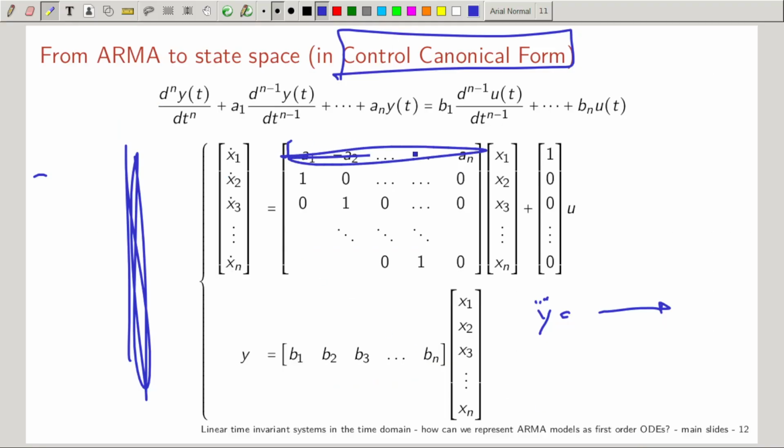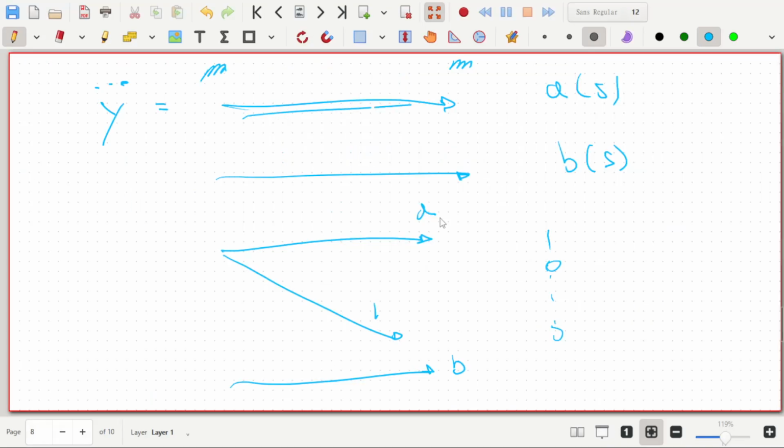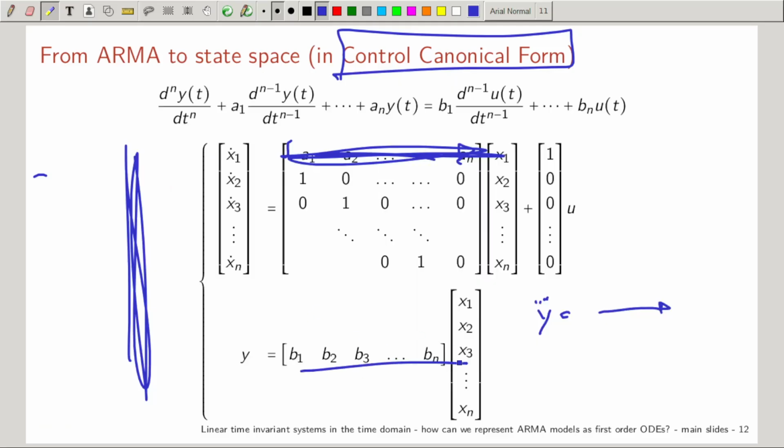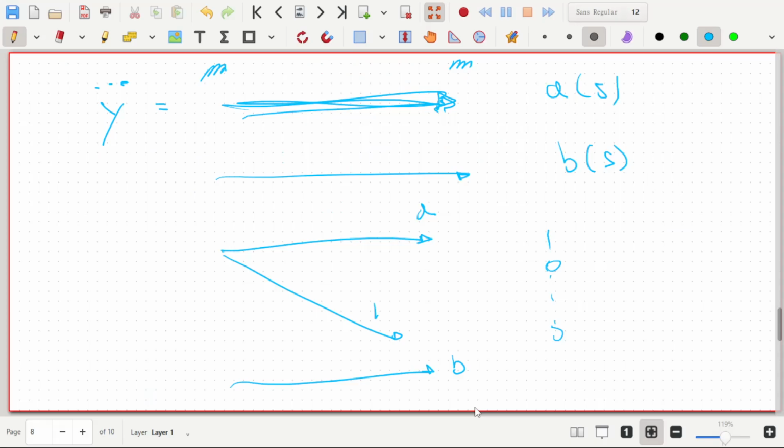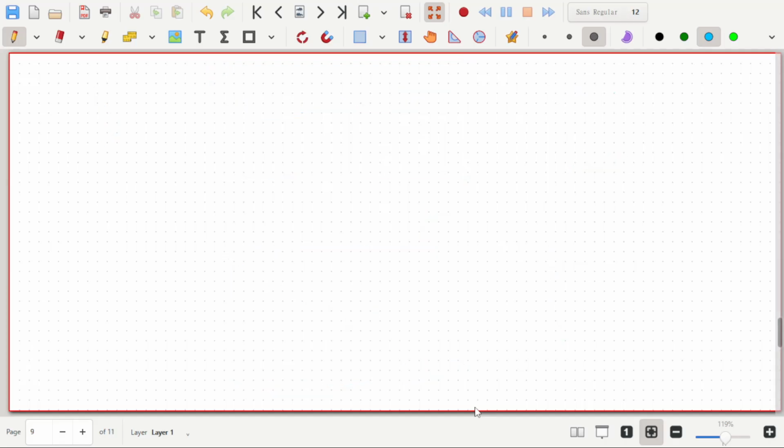Those ones are those ones. Those ones are those ones. And you see that the signs kind of are the same. If you work with the control canonical form in the other way, you're going to have the a's in this way, and the ones, and the b's in this way. Okay?